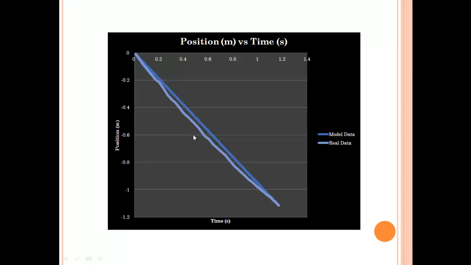In this part of the graph, we can see that our model is over-predicting the position of the object, in the first seconds of the movement and at the final seconds of the movement.